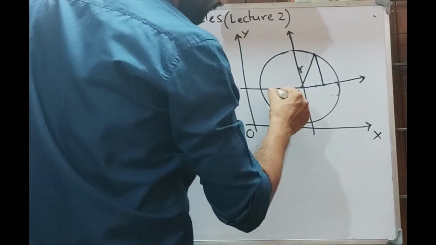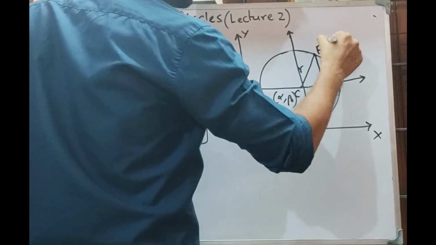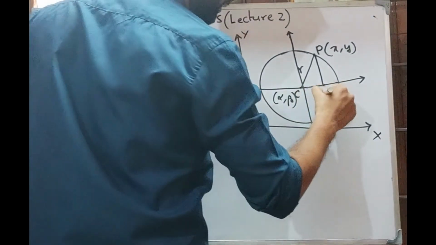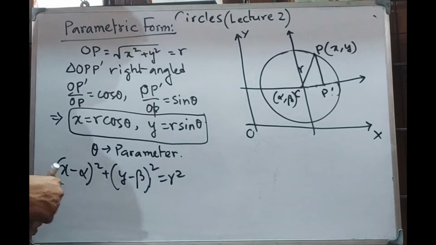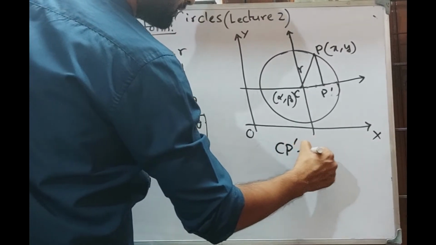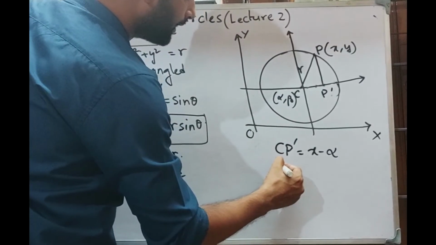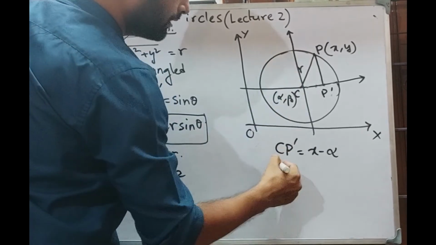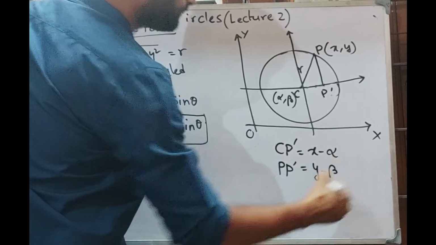So if I consider this triangle here, say CPP dash now, then what we will see, this center being (alpha, beta), clearly CP dash must be x minus alpha. And in the same way, since C is having the y coordinate beta and P is having the y coordinate y, we can write PP dash as y minus beta.